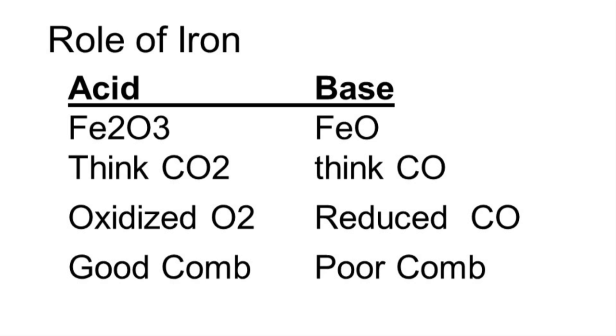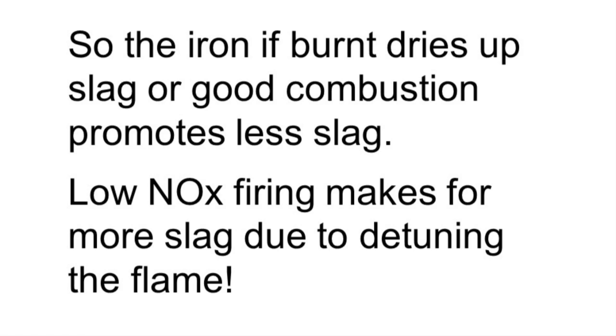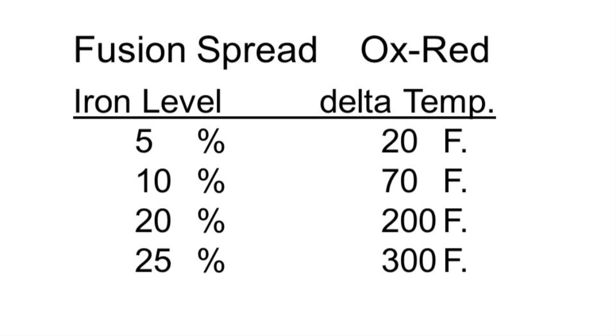So in some respect, with higher iron coals, we have to burn the iron. This is also the change in the fusion temperatures that we see between the oxidizing and reducing atmospheres. As illustrated here, you can see that the higher the iron goes, the larger the spread between the oxidizing and reducing fusion temperatures.